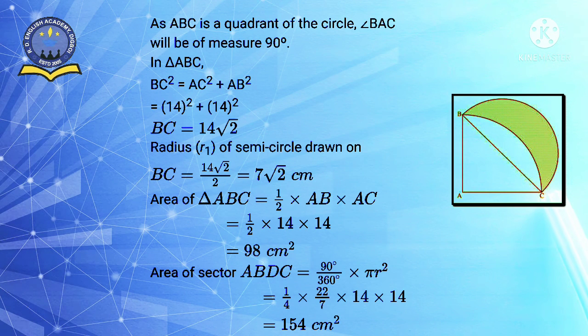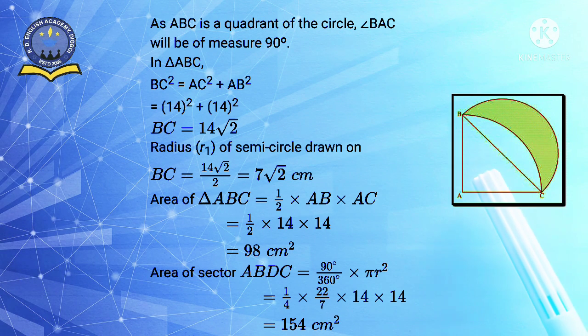Calculating 1 by 4 into 22 by 7 into 14 into 14, finally we get 154 centimeter square. So two portions we have found here.